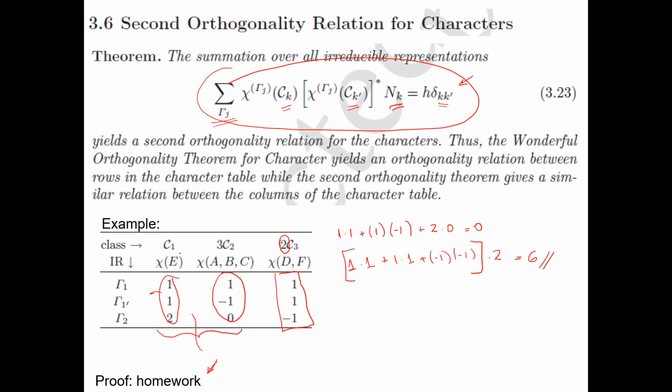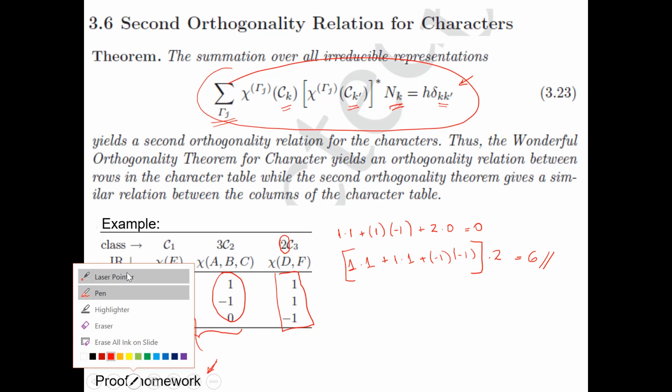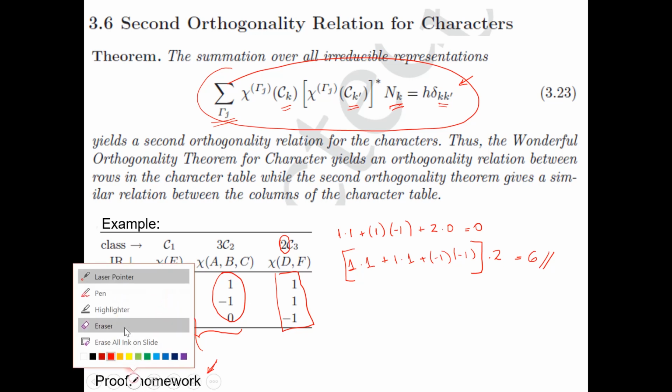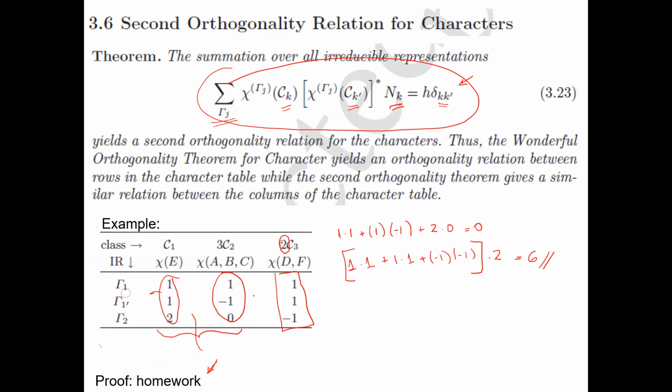So this is the character table for the group P3. We have seen that many times already. And we know that the order of the group H is equal to 6 for the P3 group.